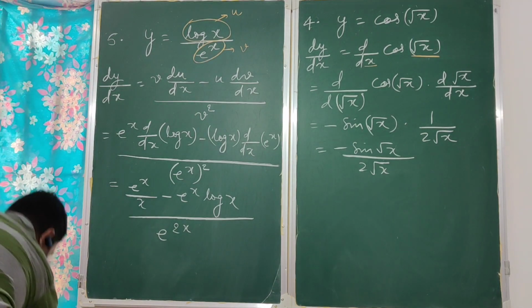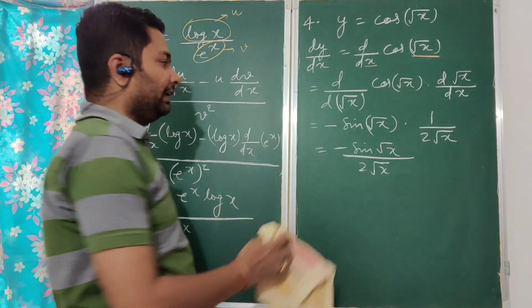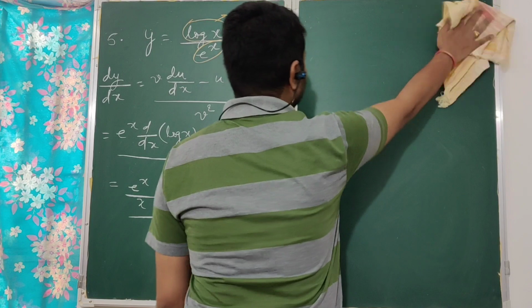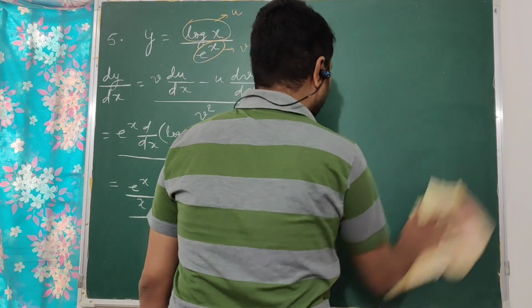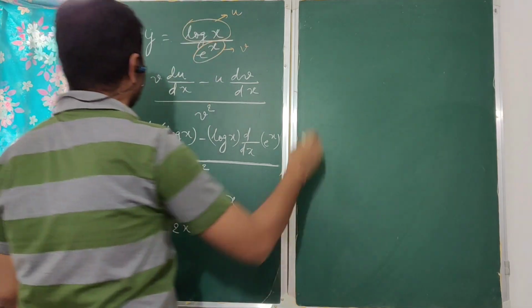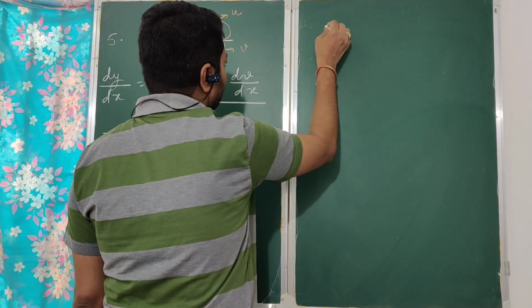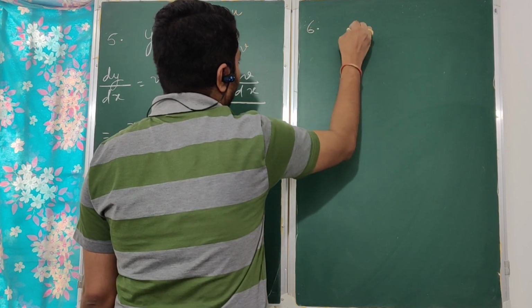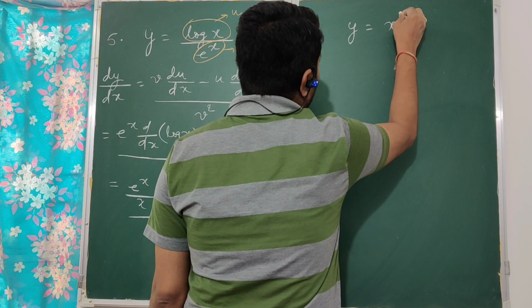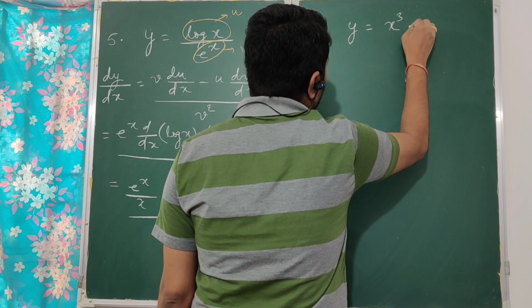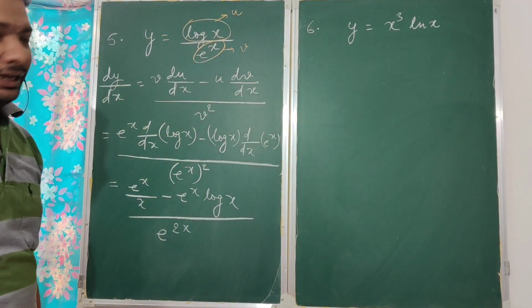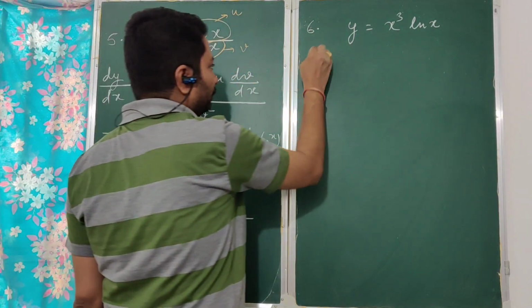If you want to take one more example where the functions are in multiplication with each other, we can take that. So let us say we take a function y is equal to x cube into ln x, and we want to differentiate it.